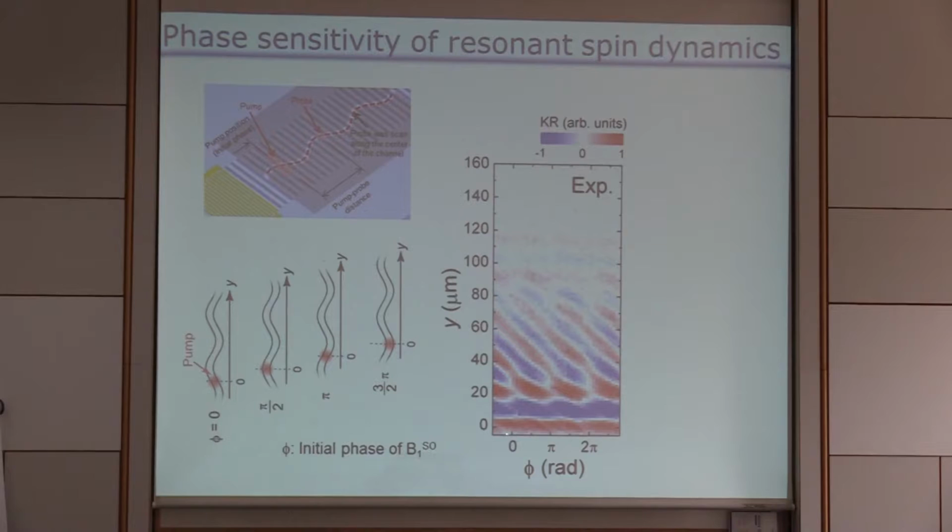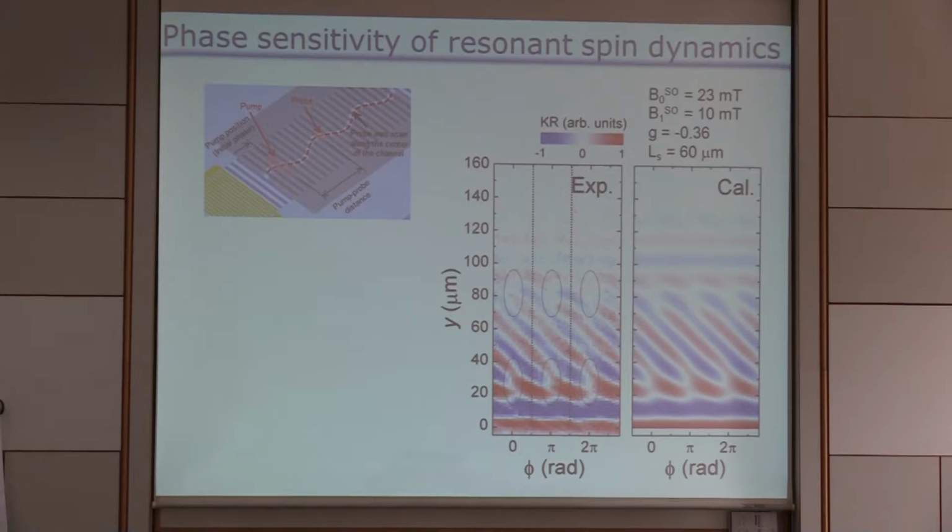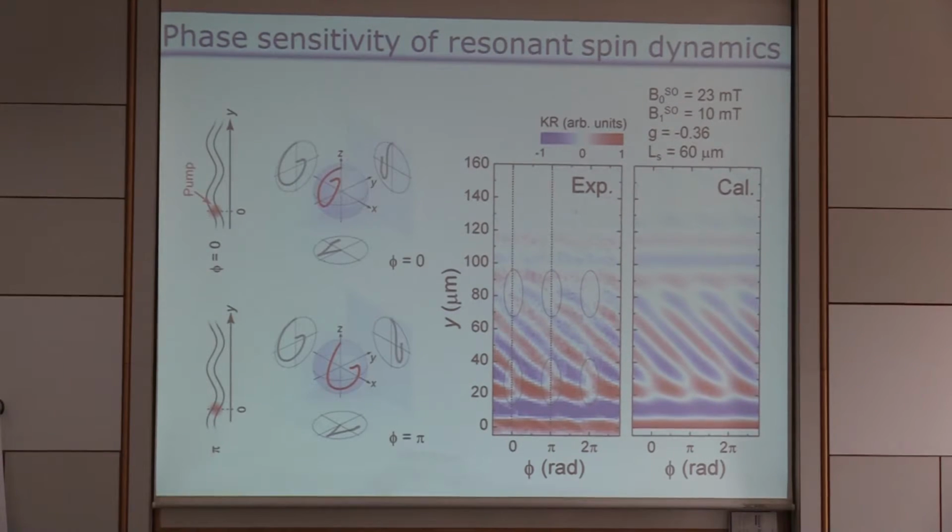So here is the phase, and here is the y direction, and this dynamics depends on the initial phase. This is also reproduced by the Bloch equation. This is very complicated, but I will try to explain. Here we can find the whitish region.